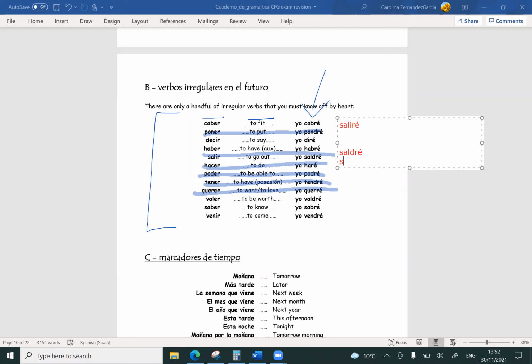After that, all the way down: saldrás, saldrá, saldremos, saldréis, saldrán. Okay, so what is important here is that the radical changes, and the endings are the same ones we had seen before. So this is the future tense for you.